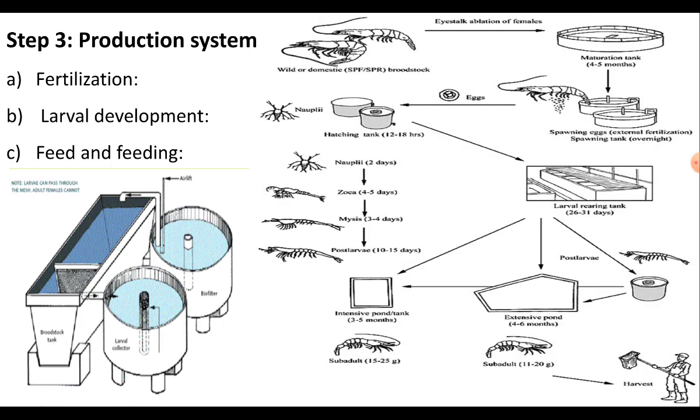The third step is the production system, which includes fertilization, larval development, and feeding the larvae.